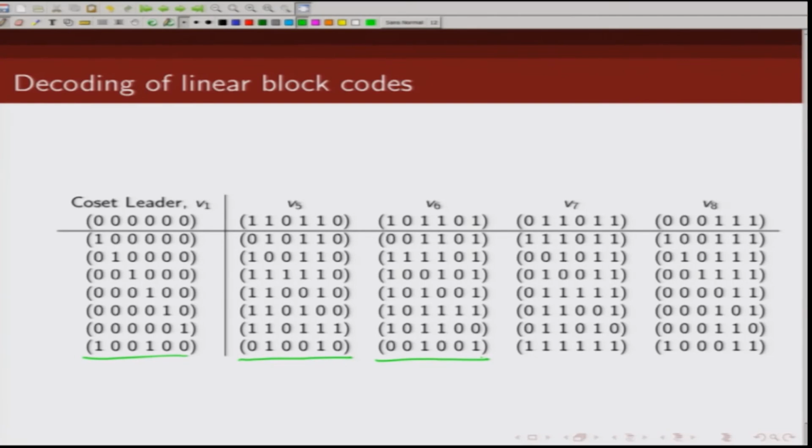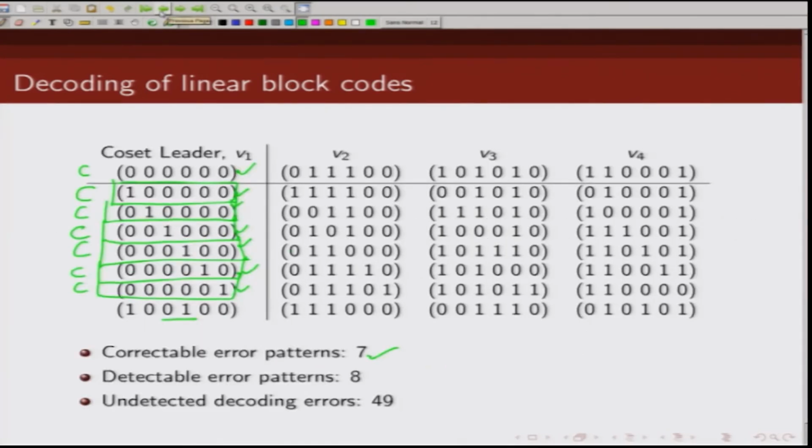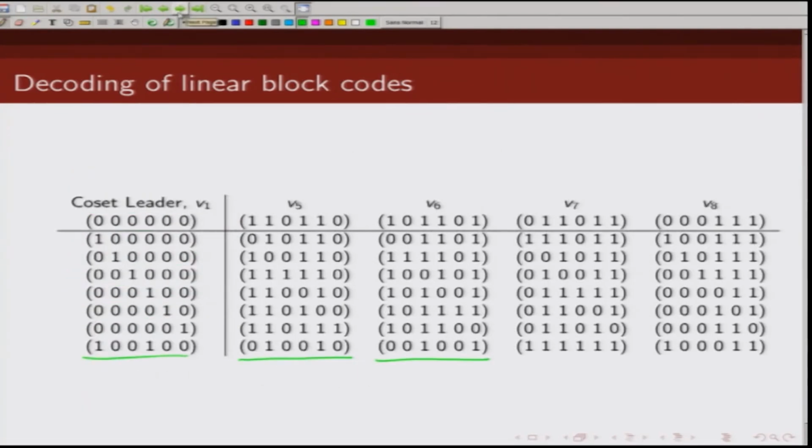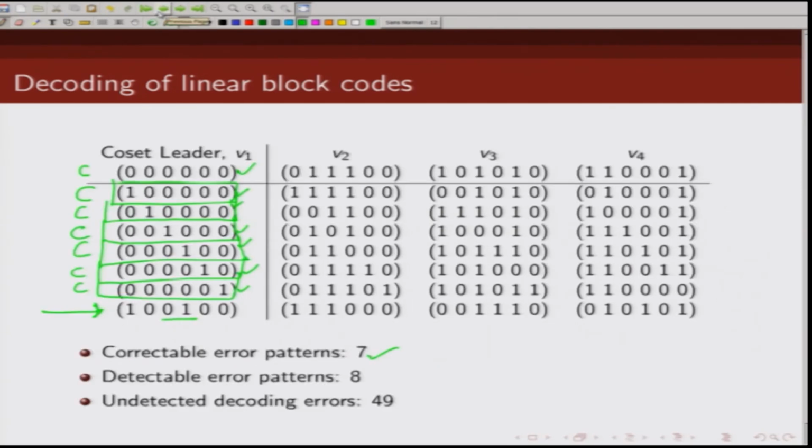So, in this situation, when my syndrome is pointing to this coset, I would not be able to do error correction. Why? Because I know this could be a likely error pattern, or this could be, or this could be, and they are all equally likely, because here 2 bits got flipped, here 2 bits got flipped, here 2 bits got flipped. So, any of these 3 patterns are equally likely in this case.